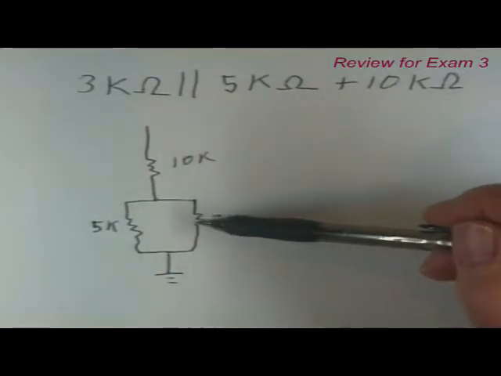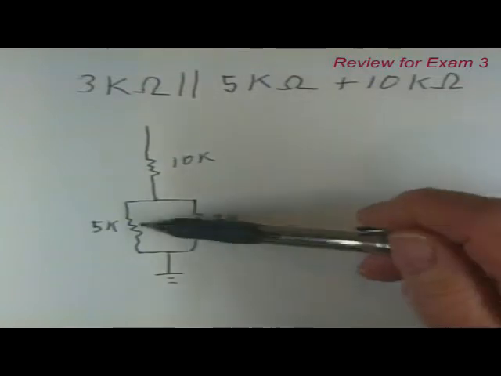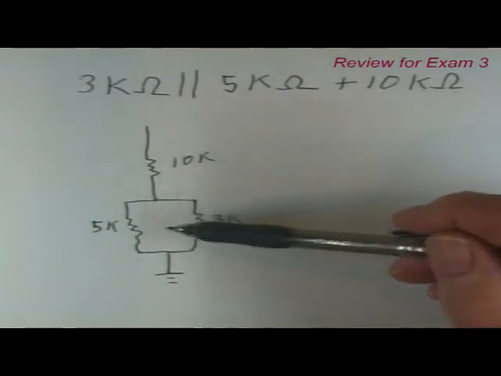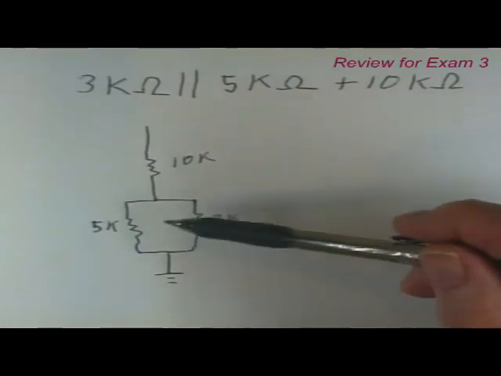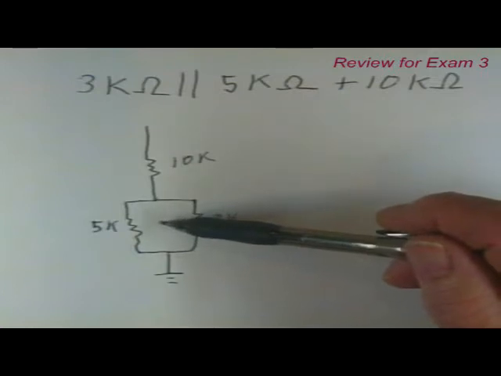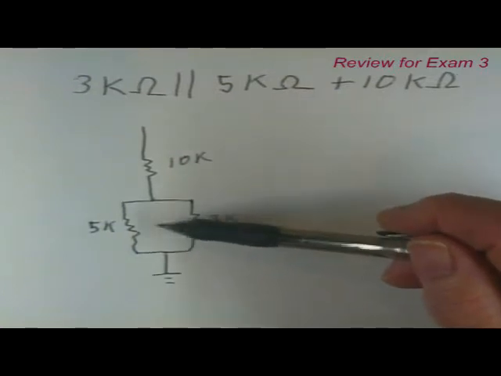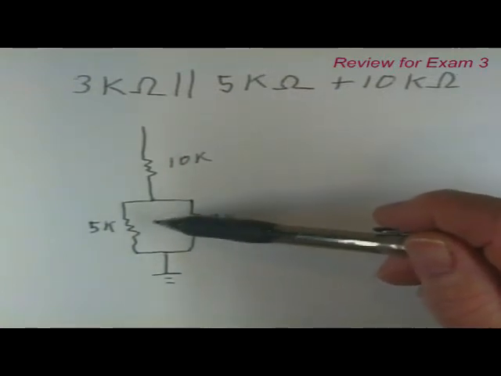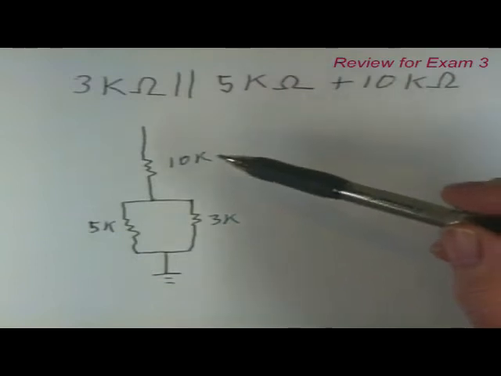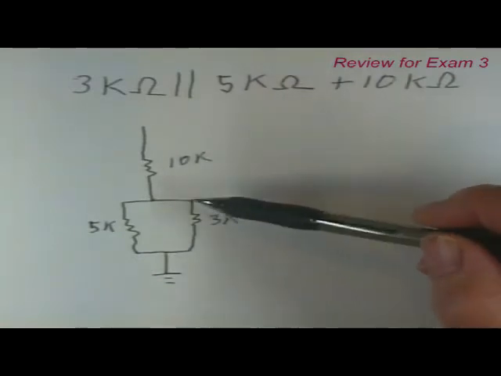Now notice we're going to combine these two together, and we're going to get something less than 5K, because in a parallel circuit, the sum is going to be smaller than the largest resistor. I hope you understand that. Some of you may not know that yet, but the people in my class do.